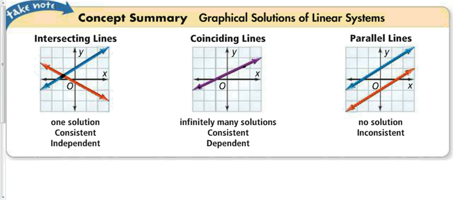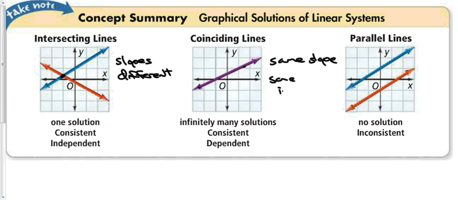Here, my slopes have to be different, and then the intercepts don't matter. For coinciding lines, for a dependent system, same slope and same y-intercept point.